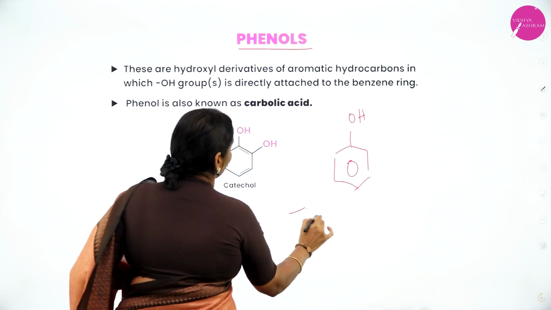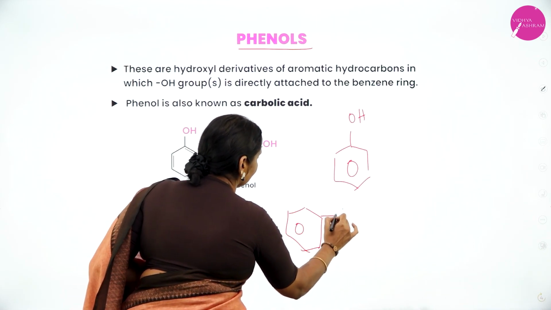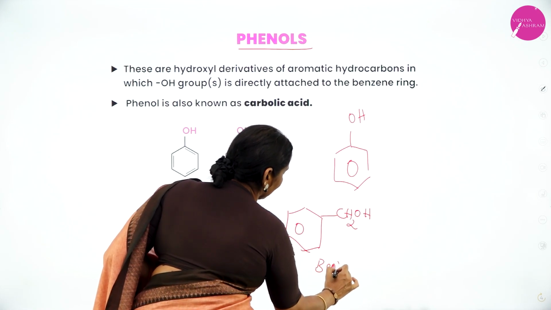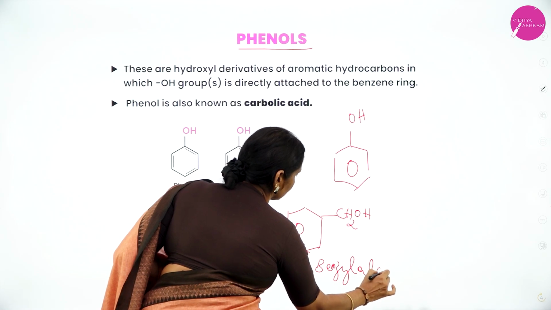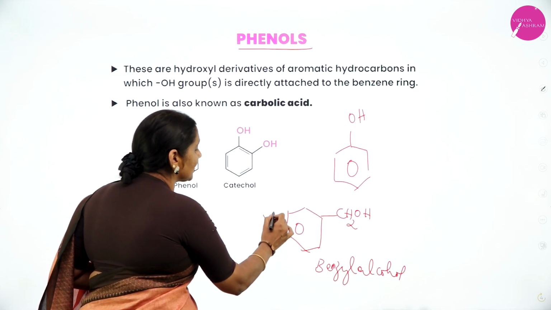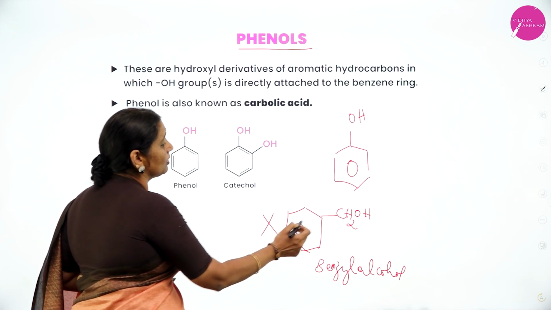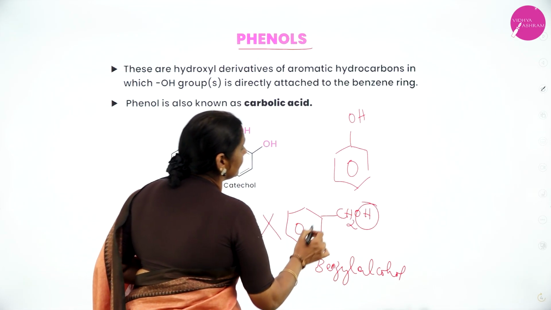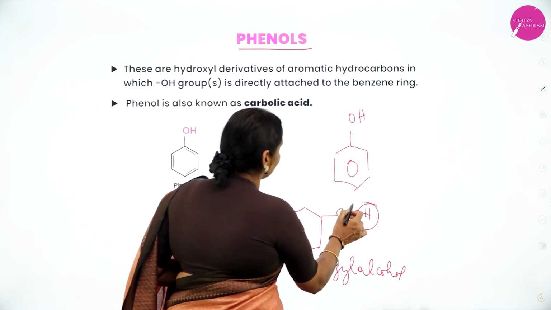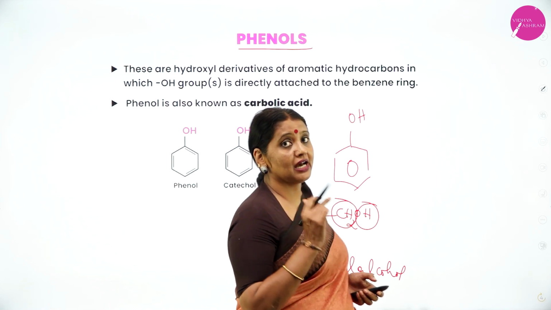For example, I'll consider one more example. Benzene attached with CH2OH is benzyl alcohol. Observe here. Here also it consists of a benzene ring, but don't consider it as a phenol because here the OH group is there, but it is not directly attached to the benzene ring. It is attached to the benzene ring through an aliphatic carbon chain.